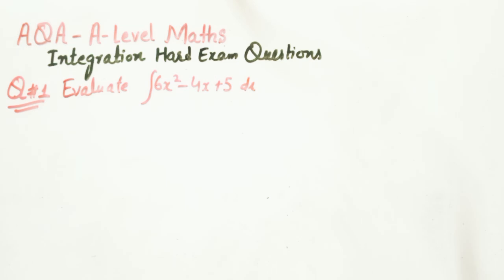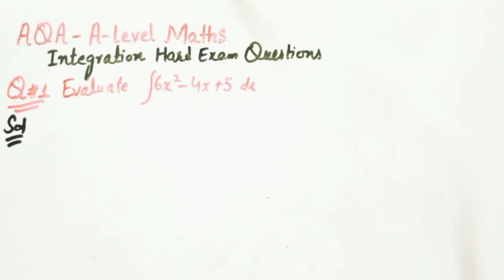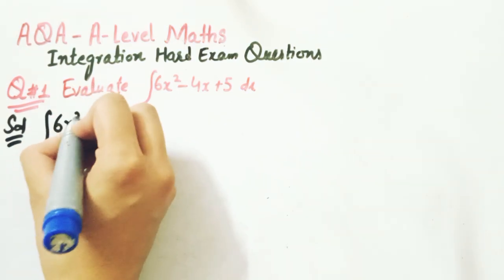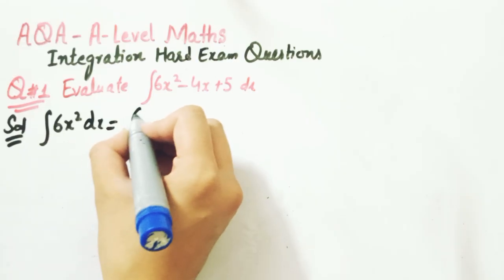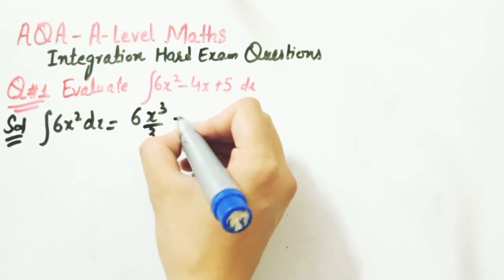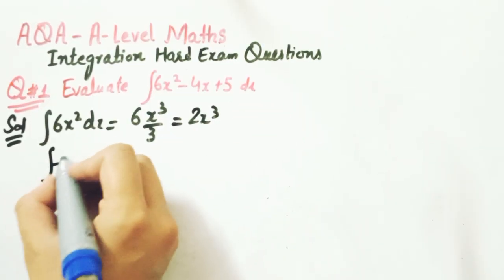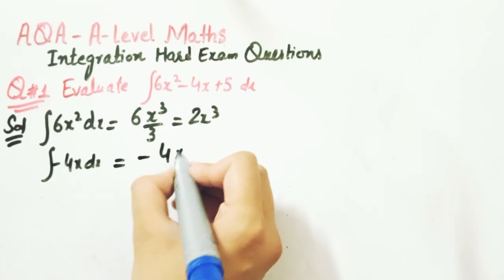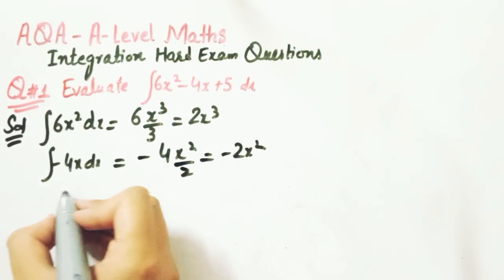So first of all, we will solve this as integration of 6x squared dx, that will equal 6x cubed by 3 and it will become 2x cubed. Then the integral of minus 4x dx gives minus 4x squared by 2, that is minus 2x squared.